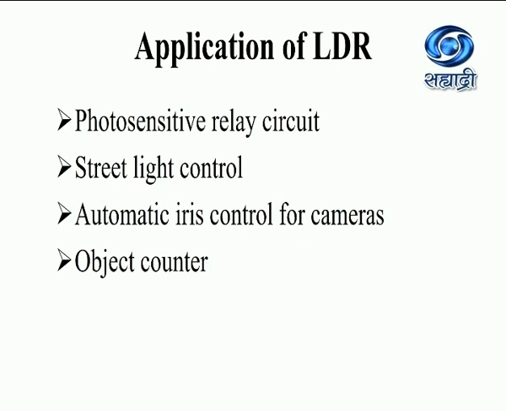Whenever we use flash in our cameras, we can use this LDR. And the last application of LDR is the object counter. It can be used in an object counter to cut that light. If an object cuts that light, it will count 1 object, 2 objects, like that. So in this application, the LDR is used as an object counter.